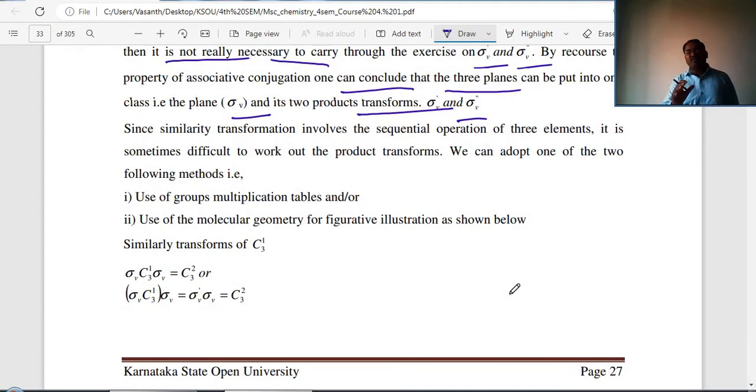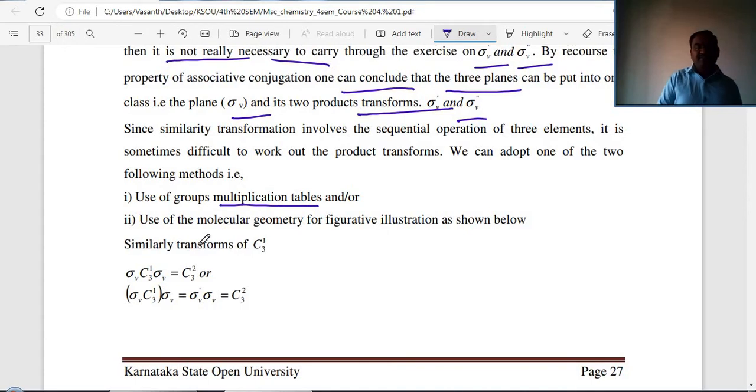We can adopt these two methods, the use of group multiplication tables and the use of molecular geometry for figurative illustrations, as shown below.